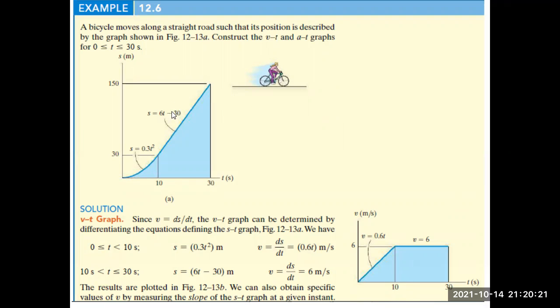That means V is constant for the whole range. So we get this plot, which is constant. Okay?